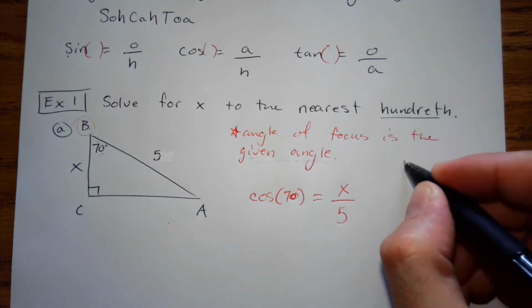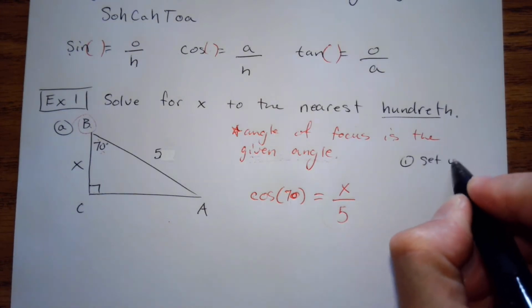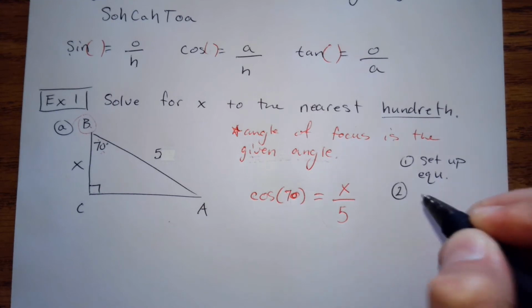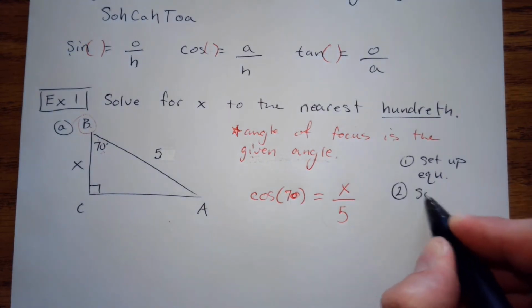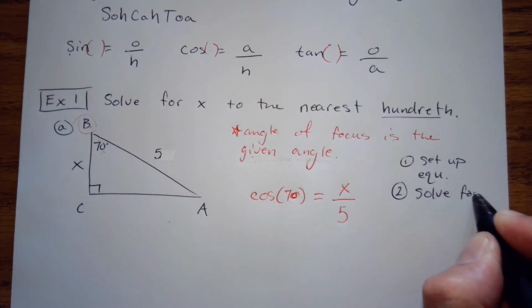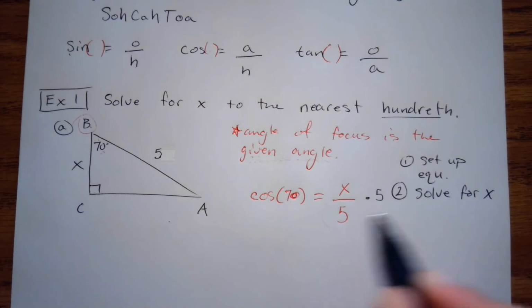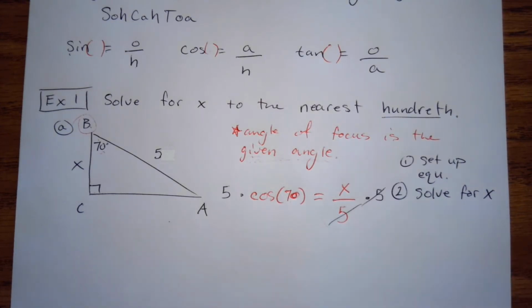So the first step was to set up an equation. The second step was to solve for x. That's what we're doing right now. And I'm going to solve for x by multiplying both sides by 5. So that cancels out.